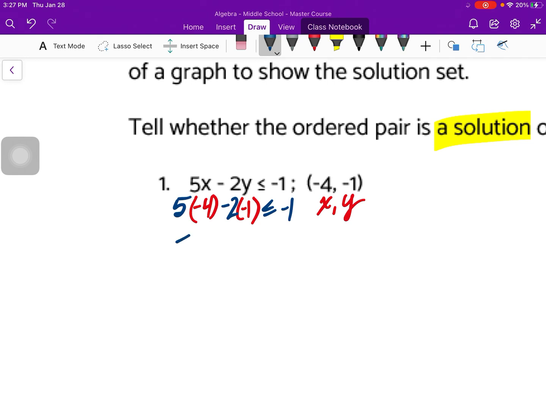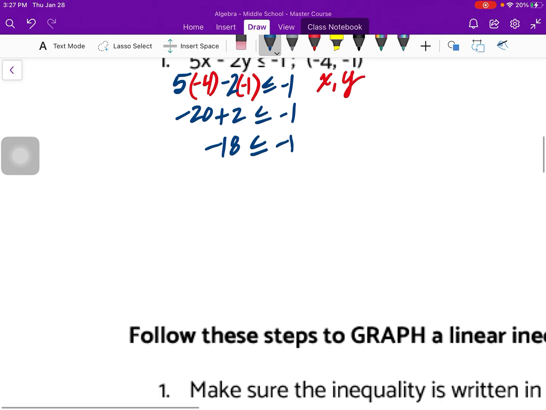So let's do our math here. This would give me -20. A negative times a negative is a +2. And it says less than or equal to -1. -20 plus 2 is -18. -18 is less than or equal to -1 is a true statement.